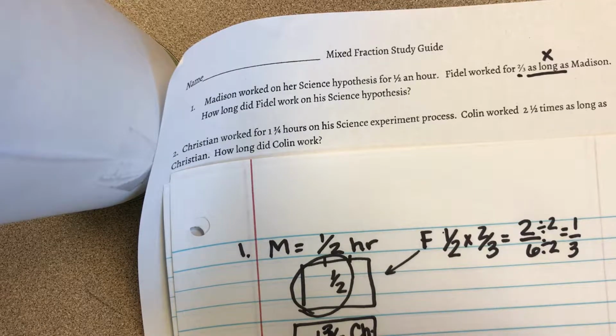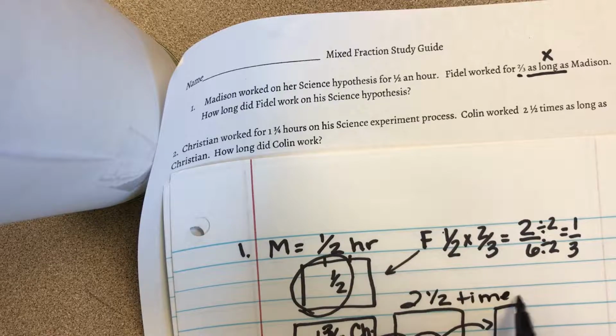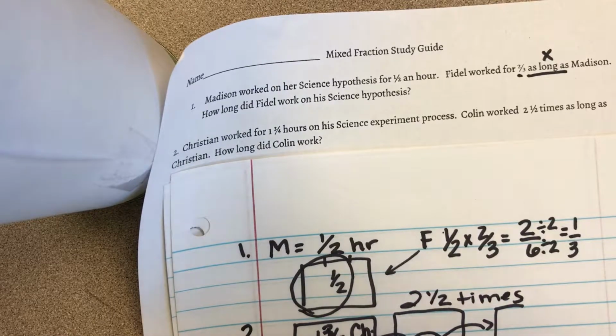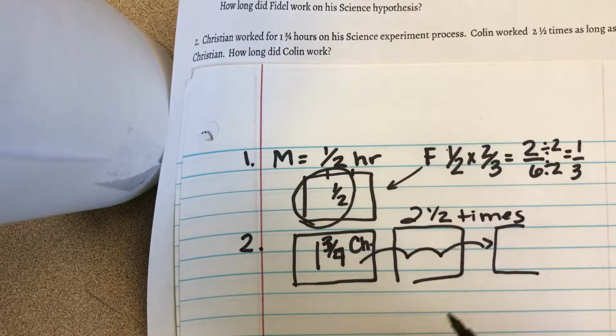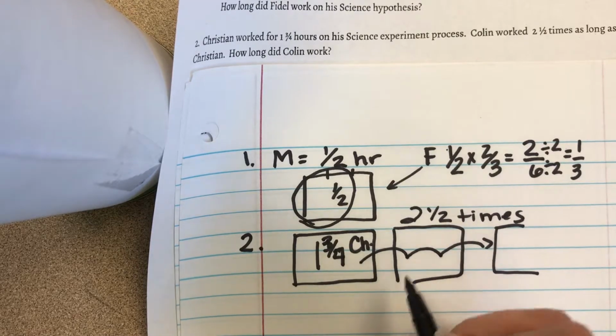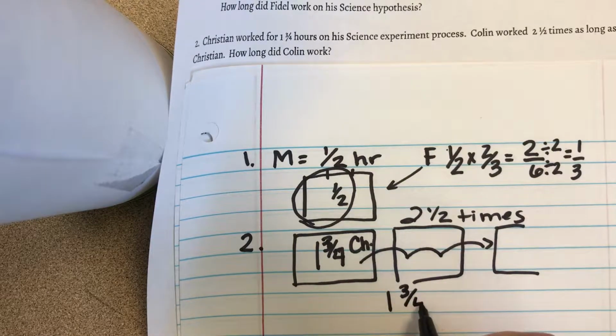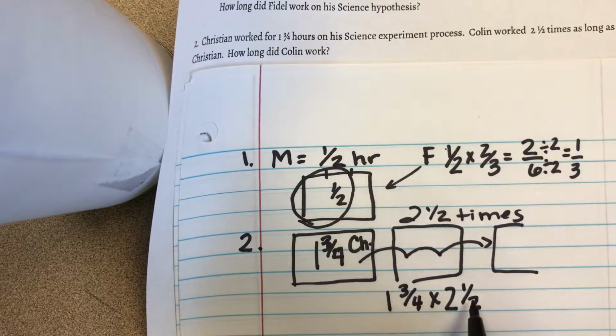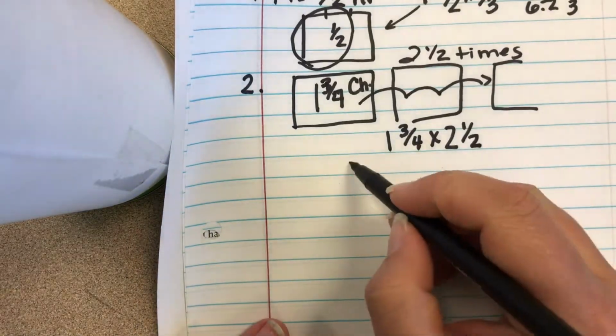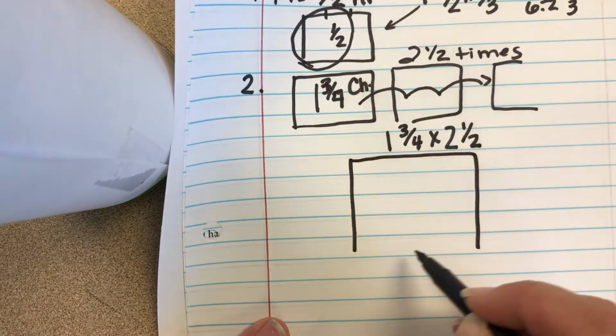So Colin worked 2 times and then another half. That means I'm going to multiply. But I can't do this the way I did the last problem because I have mixed numbers, 2 parts times 2 parts. So I have to draw a rectangle with sections.